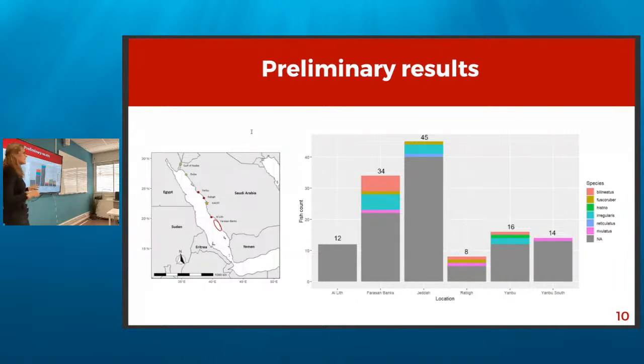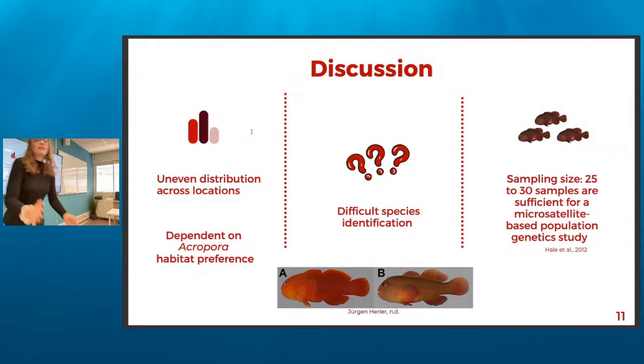What we can also see here is that there's an uneven distribution across the sampling locations. On the first sampling trip to the south, Alif and the Farasan Banks, I collected 46 specimens, whereas on the northern research cruise to Rabigh and Yanbu South, I only collected 38, although sampling efforts were comparable. So what could explain this uneven distribution across the locations?